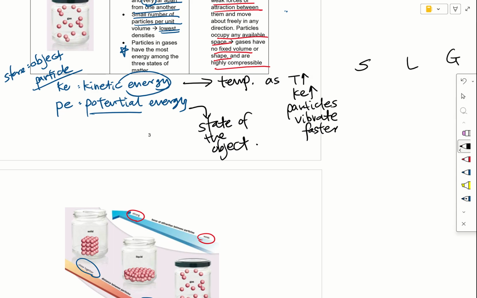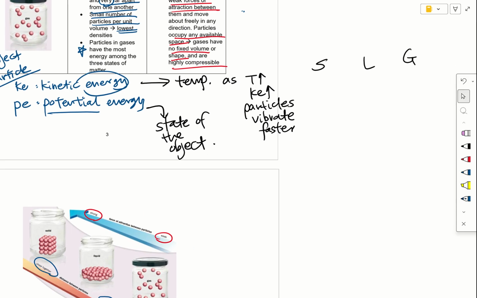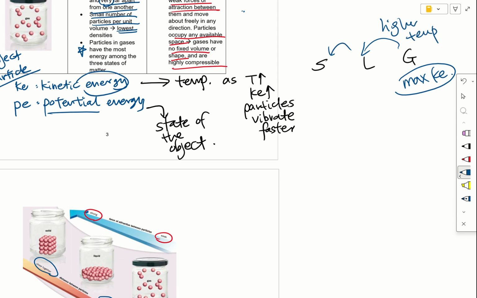But before I continue, we can maybe compare solid, liquid and gas. Which one has the largest KE? Which one has particles that are moving the fastest? The answer is gas has the maximum KE, because gas is at a higher temperature than liquid, and liquid has a higher temperature than solid, because they have a melting point and a boiling point.